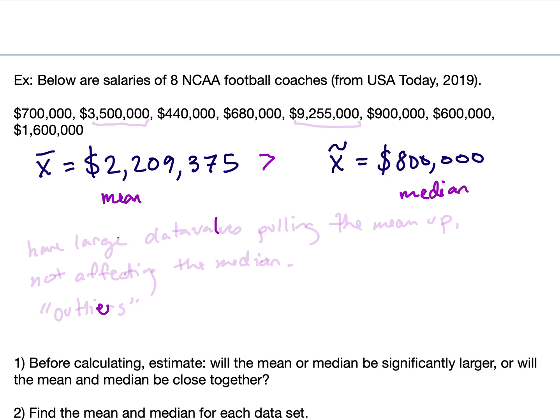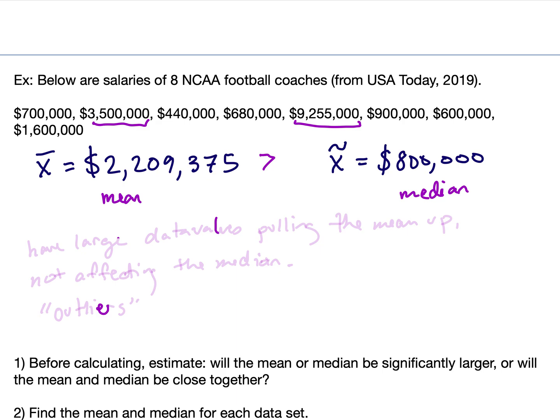If we look at the set of data that we have, all of these salaries are, of course, humongous. They're really, really large values for a person's salary. But some of them are way out of the league of the others. For example, this is almost 10 million. This is 9 million compared with a lot of the other data values in the set, 700,000, 440,000, etc. Potentially you could say that this 3 million is pretty large as well.